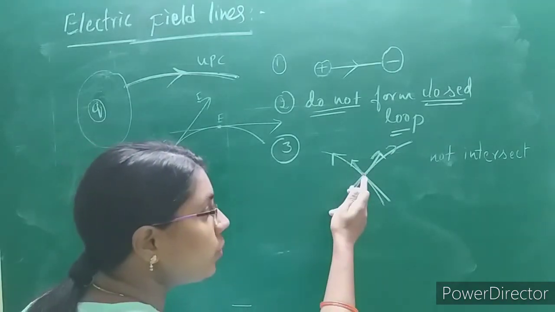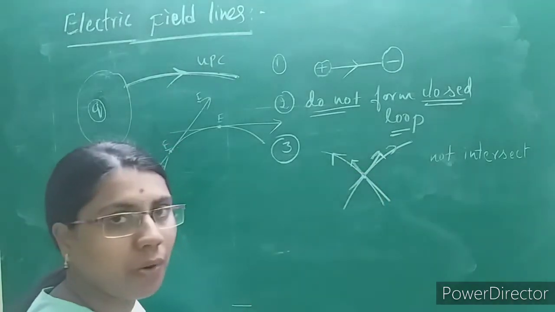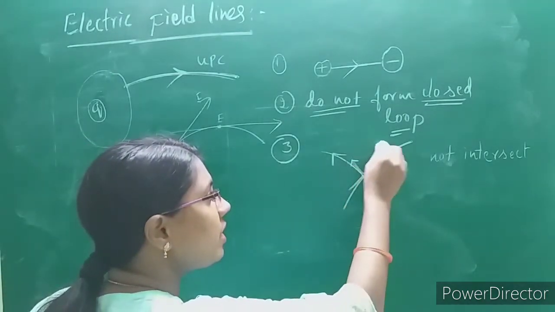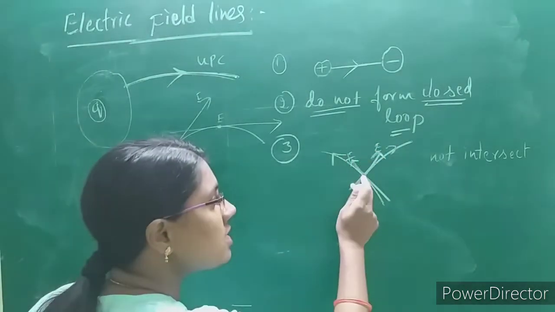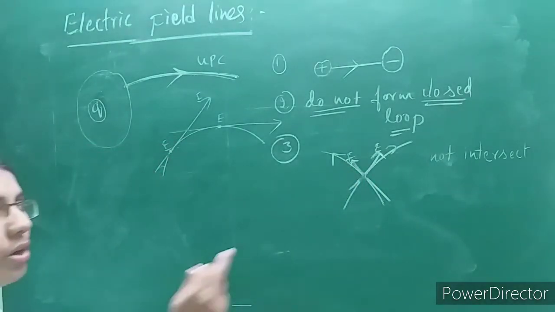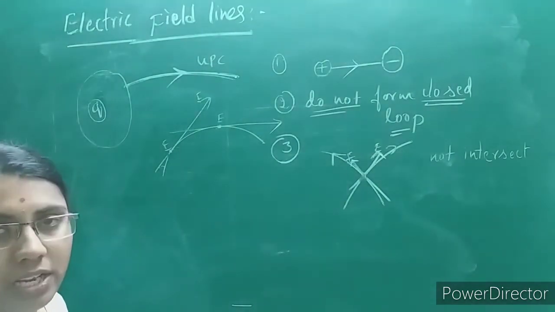We have two tangents for a single point. That means there are two directions of electric field for the same point. It is not possible to have two directions of electric field at a single point.